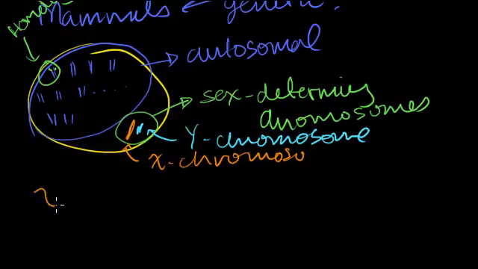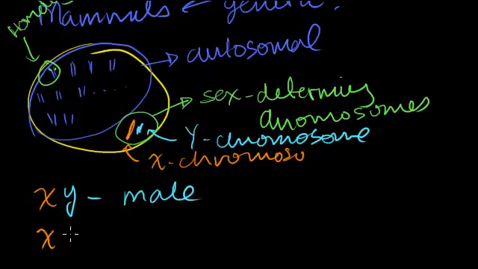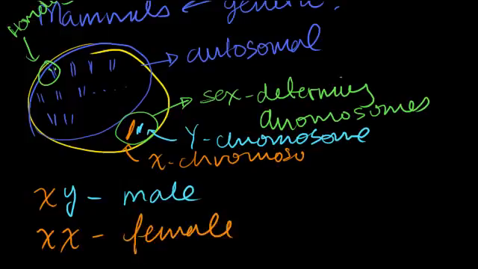So if you have an X chromosome, and we'll talk in a second about why you can only get that from your mom, an X chromosome from your mom and a Y chromosome from your dad, you will be a male. If you get an X chromosome from your mom and an X chromosome from your dad, you're going to be a female. And so we could actually even draw a Punnett square.